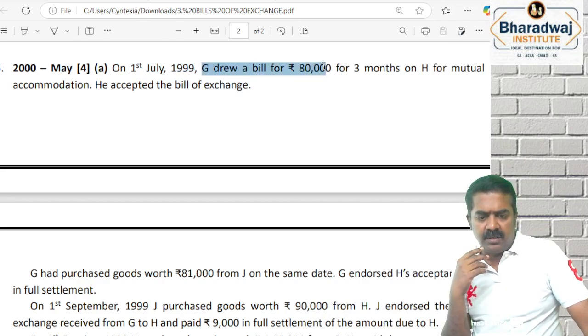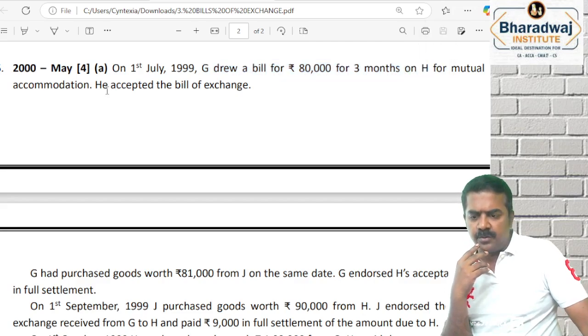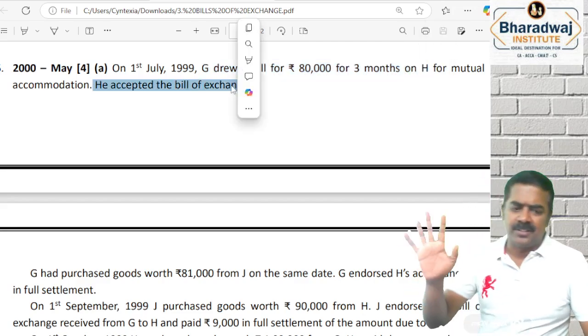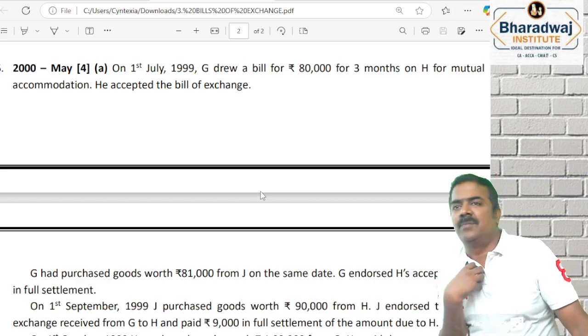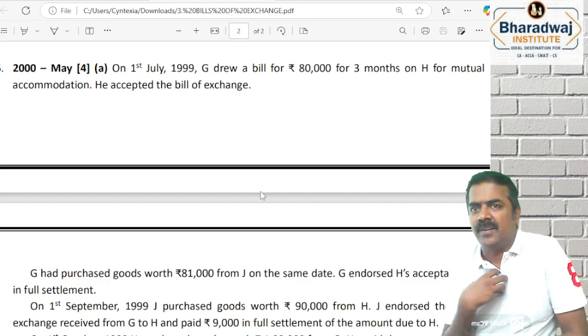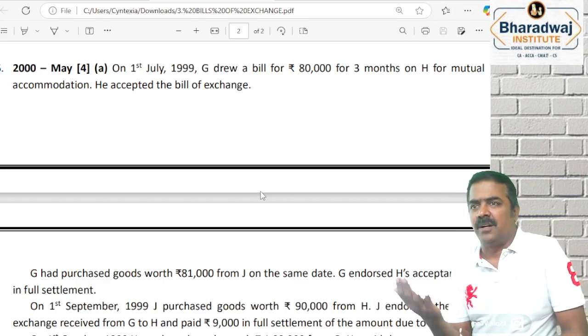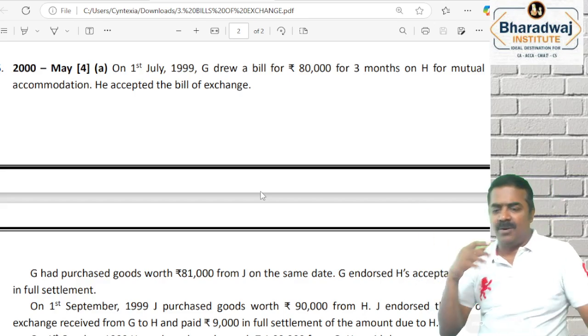G draws the bill for 80,000 on H for mutual accommodation. We are not bothered about whether it is accommodation or whatever. When bills are drawn, the drawer passes bills receivable to the other party. The acceptor passes other party account debtor to bills payable.